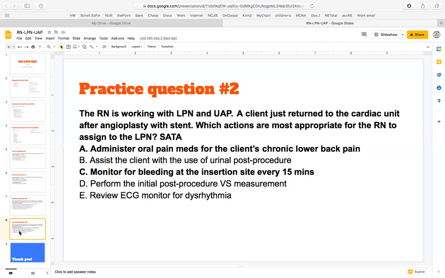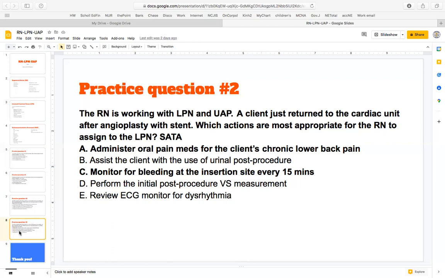Perform initial post-procedure vital sign measurement. You see vital sign, you're thinking, oh, UAP can do that. But look, initial vital sign, initial, that's the keyword. Initial is only for RN, not LPN, not UAP.